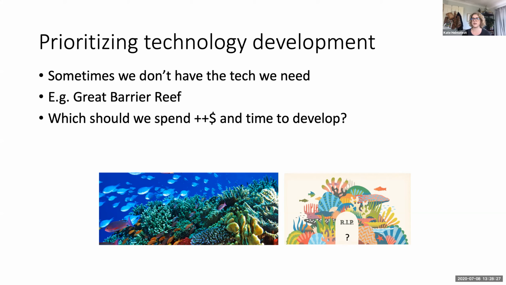But we don't really have the technologies that we need to be able to build that resilience. And so what we're hearing a lot of conversation about at the moment, and a lot of big funding amounts kicking around, is what technology should we be spending a lot of money and time to develop, with the goal of doing what we don't already know how to do, which is building that climate resilience.